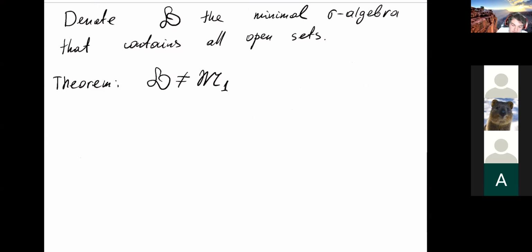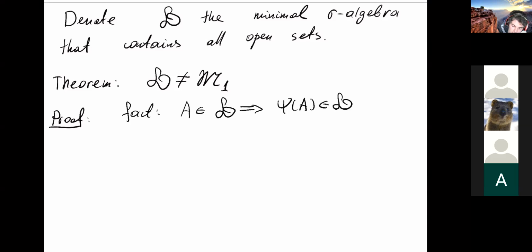Well, the answer is no. Here's the proof, and I'll use the following fact that I'll leave as an exercise: if we have a set A in the sigma algebra B, then psi of A is also in this sigma algebra, which is called the Borel sigma algebra, by the way. M1 is called the Lebesgue sigma algebra, and B is called the Borel sigma algebra.